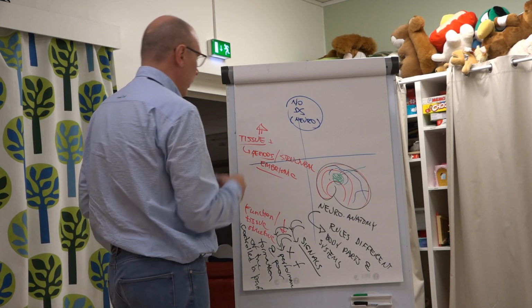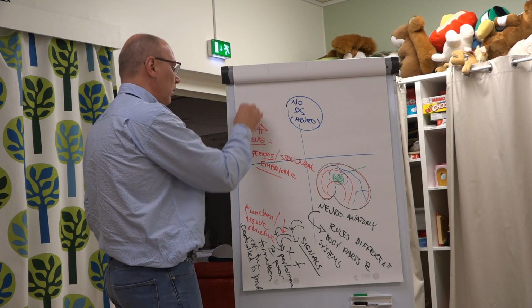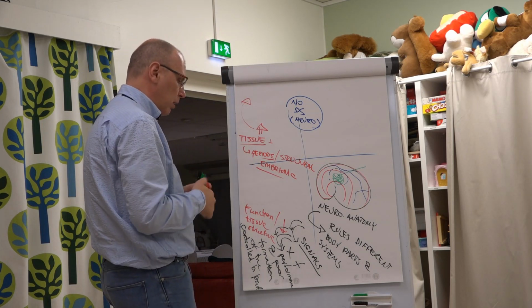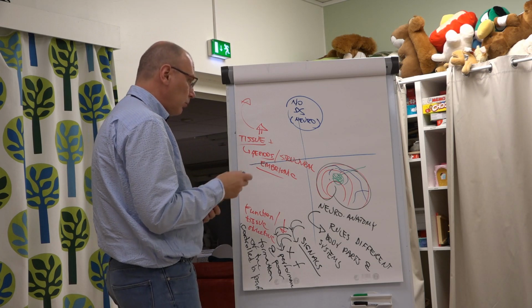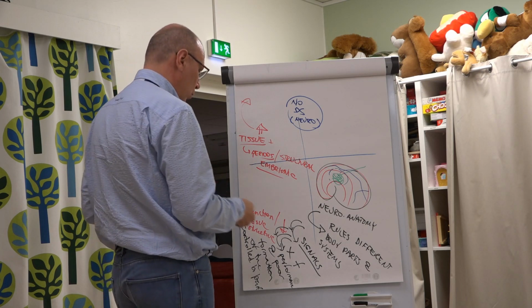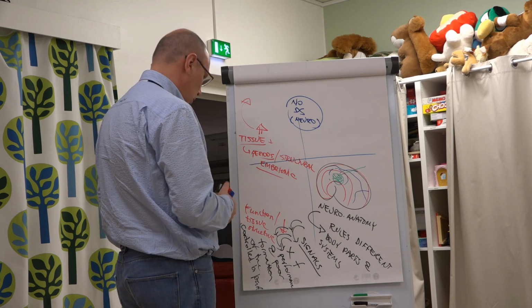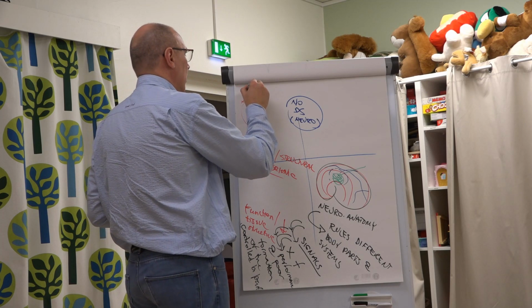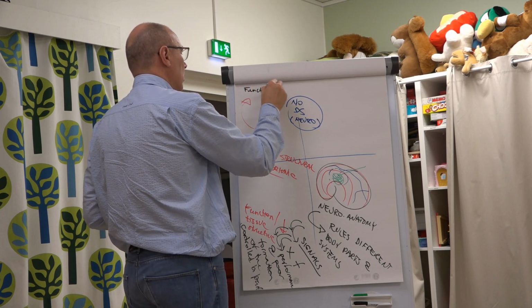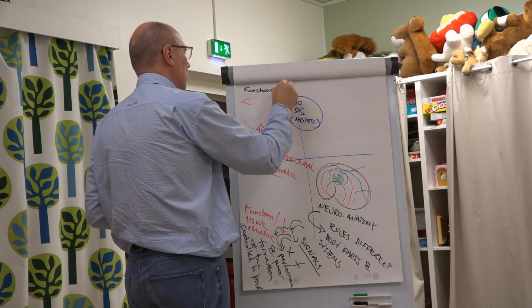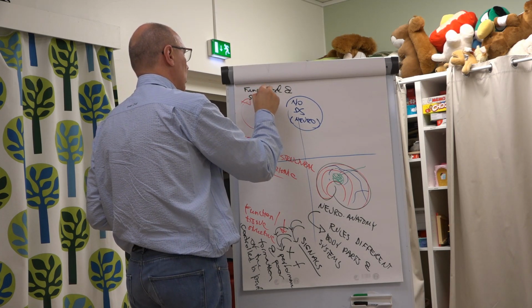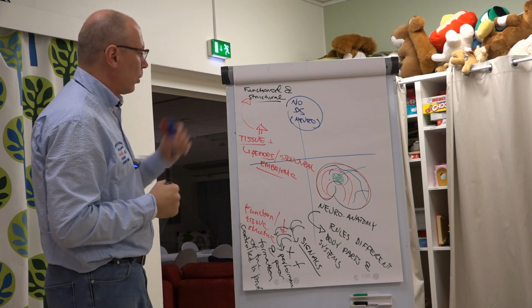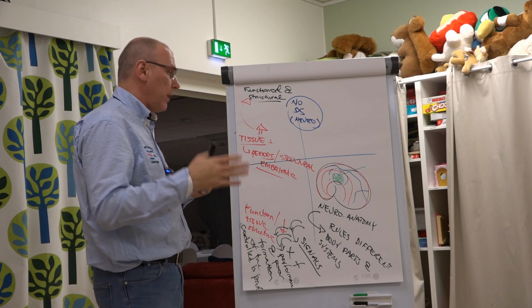But then what happens from the tissue level, because the tissue is problematic, you eventually get the problems which go all the way up to the what? Functional and structural levels. So functional and structural. And again, this whole thing could be quite variable, right?